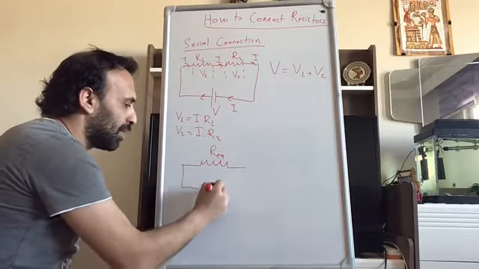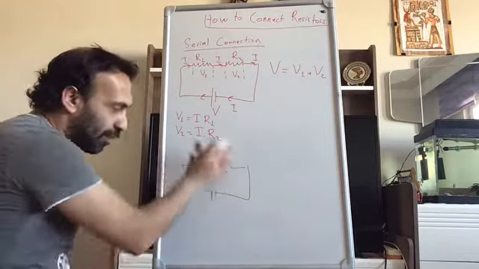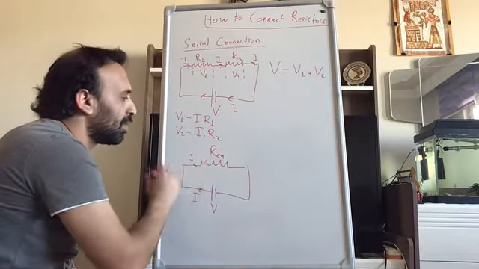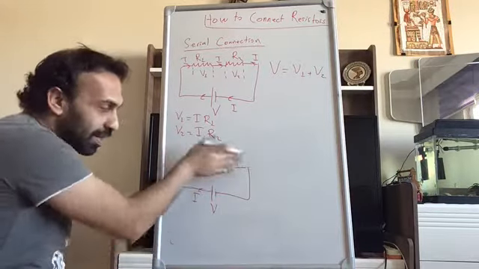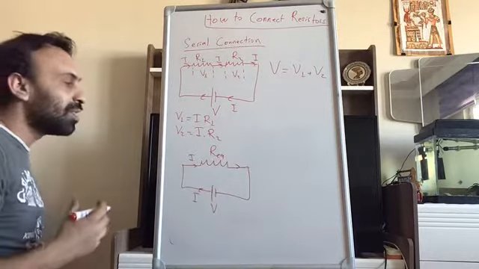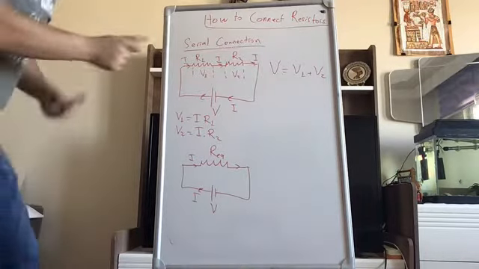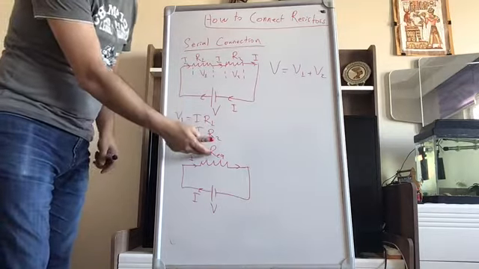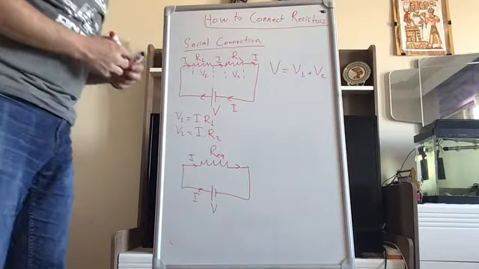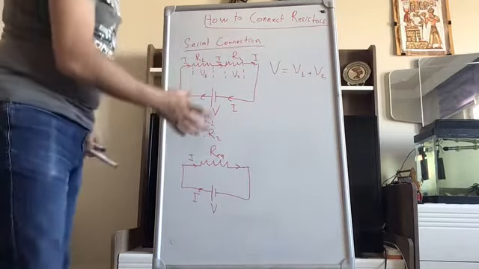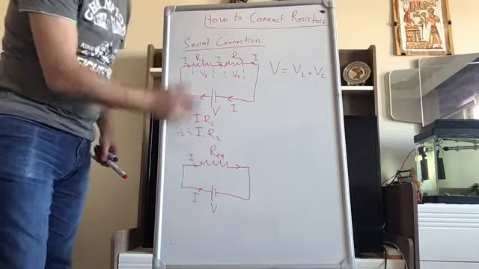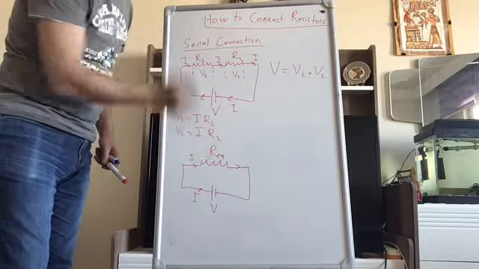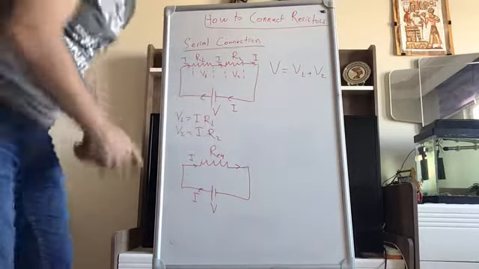If I form this circuit, the same current will pass through this single resistor, but you are going to have the same energy. So assume that you know R1 and R2, but what is R equivalent? We are going to call it equivalent resistance, or R equivalent in short. You want to have this circuit instead of this one, but with the same energy. So how much resistance do you need to use in this system?